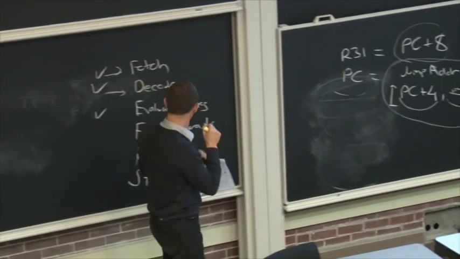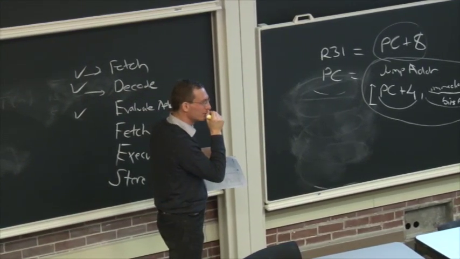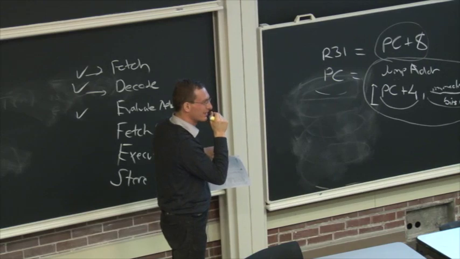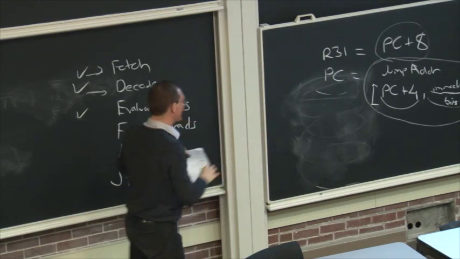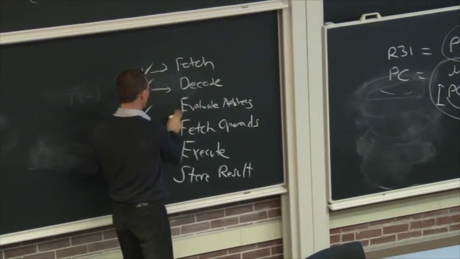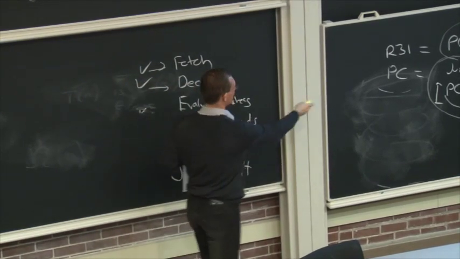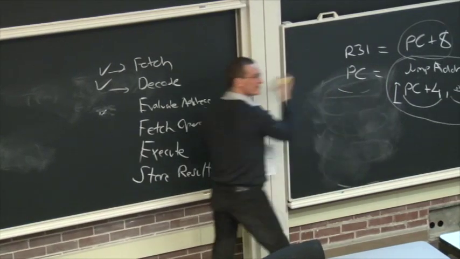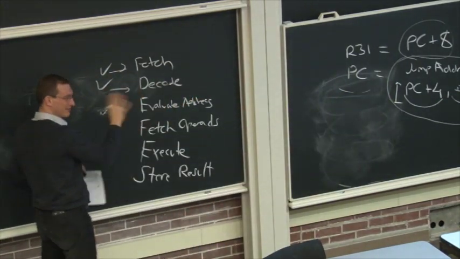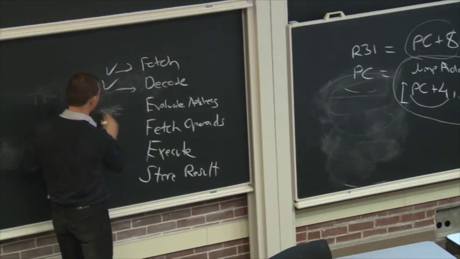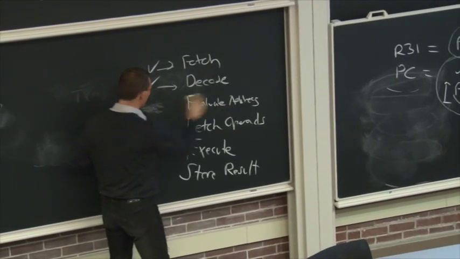But evaluate address is to evaluate an address where you fetch the operands from memory. That's right, you could view it that way. If you view it that way, then you don't do this part, at least for this instruction. But if you view this one as evaluating the address, then you do this part. So you can view it either way. Let's assume that that's part of the address evaluation.